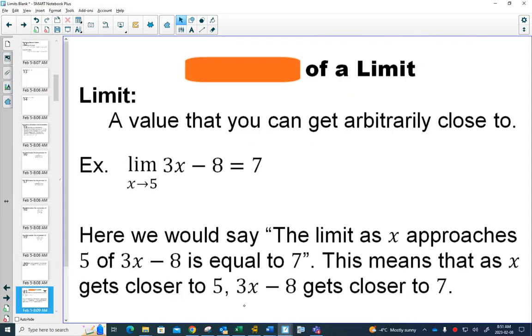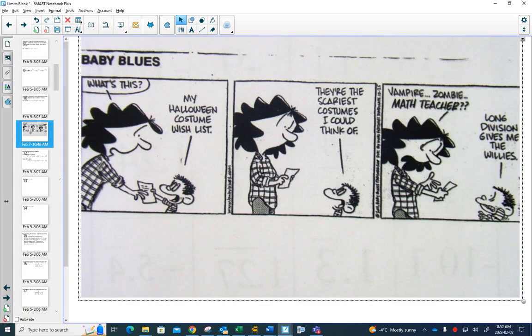I have the cartoon on this. Long division.